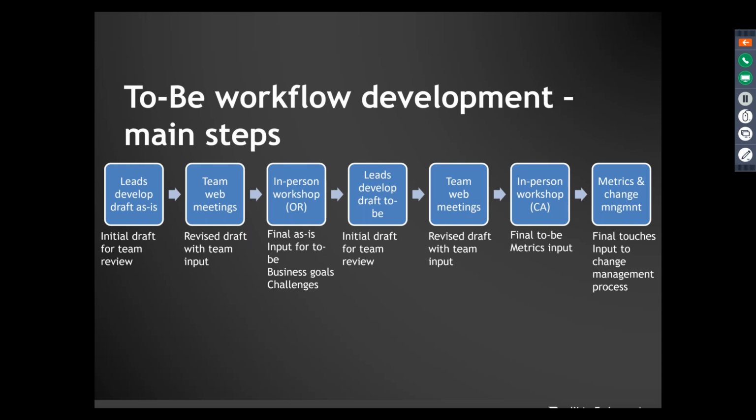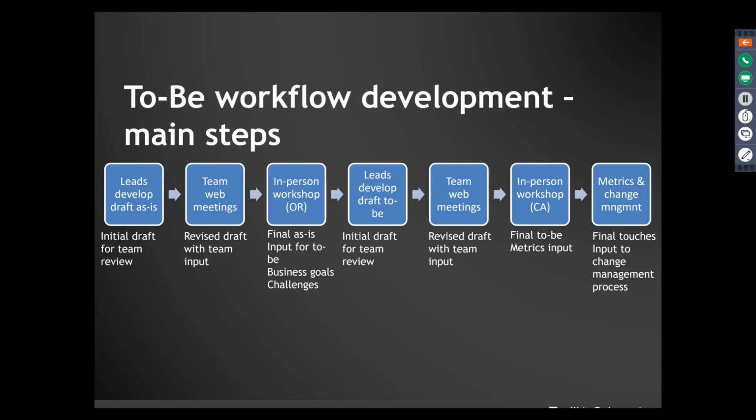So initially, as you heard, the leads were assigned based on their experience on the topics covered with their respective organizations, and then leads basically took the lead and developed the initial draft, as Getachew referred to it, the straw man. Then it was an exercise of holding a bunch of team meetings over webinar environments, where initial comments were received, and we could develop a revised version of the as-is in preparation for the awesome in-person workshop we held in Portland at the Clean Services Agency.